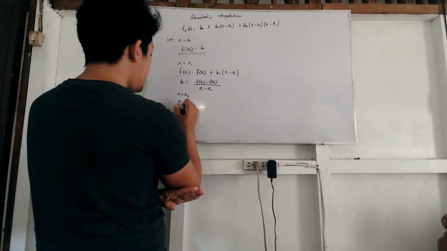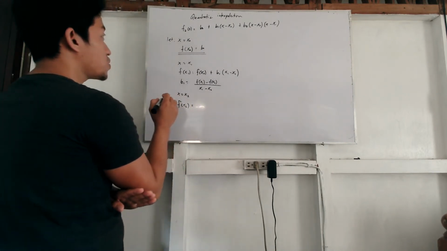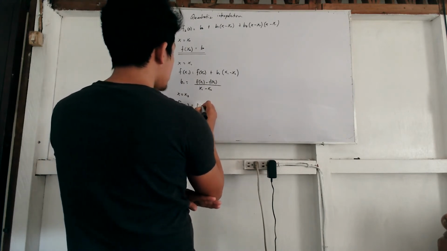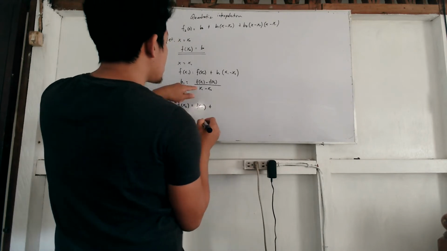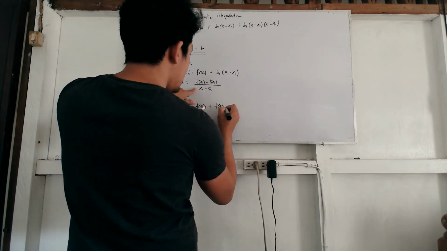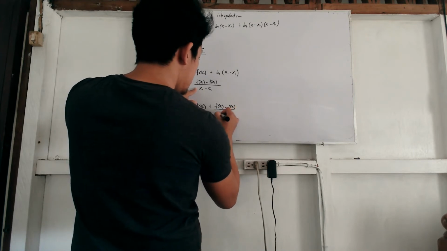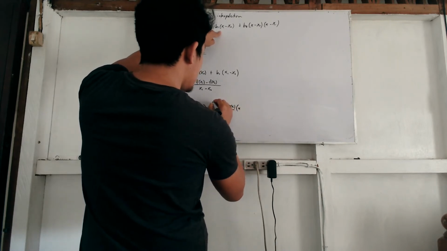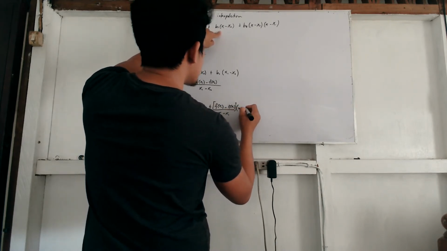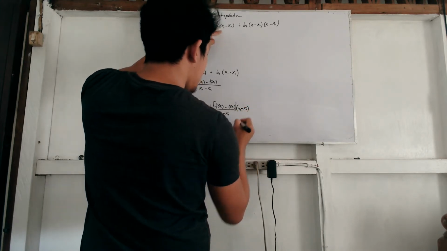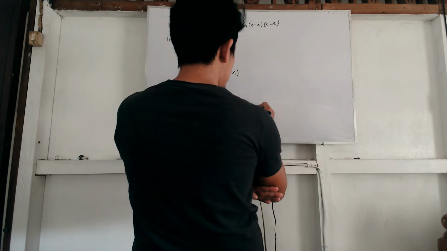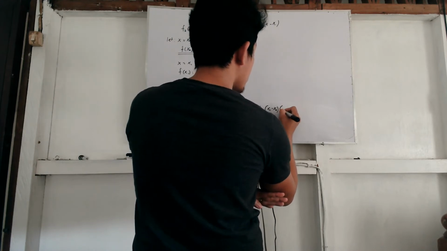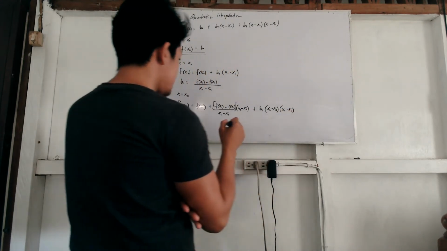So this becomes f of x sub 2 equals b0, which is f of x sub 0, plus b1, which is now this value, f of x1 minus f of x0 over x1 minus x0, times x2 minus x sub 0, plus b2 times x2 minus x0 times x2 minus x1.